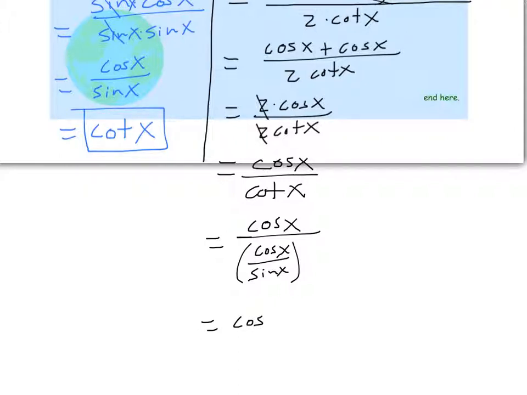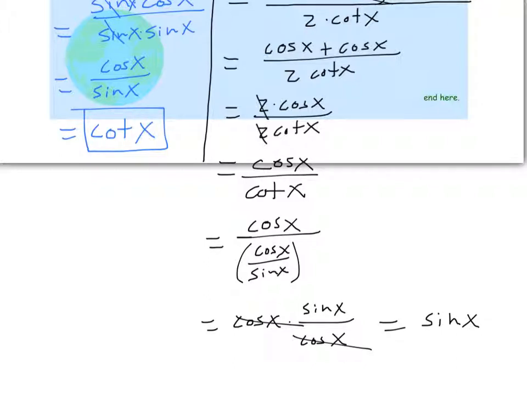But instead of dividing by that fraction on the bottom, let's multiply by its reciprocal. So instead, multiply by sine over cosine. And there, we'll see that the cosines cancel. And holy smokes, we can simplify that expression all the way down to just sine of x.